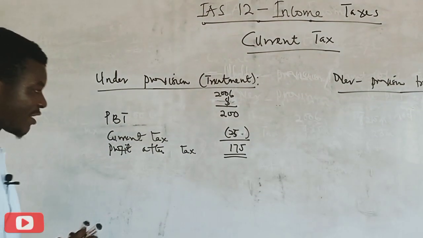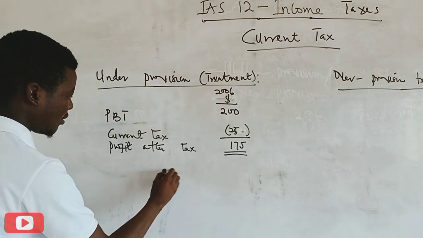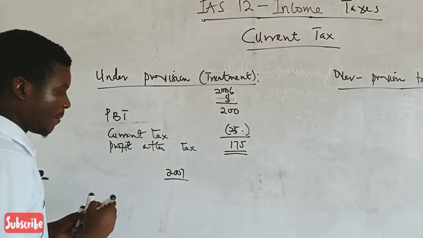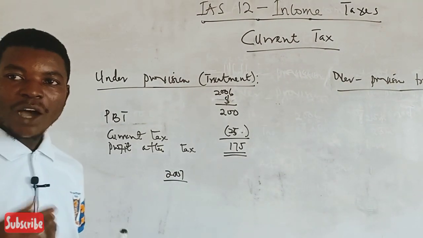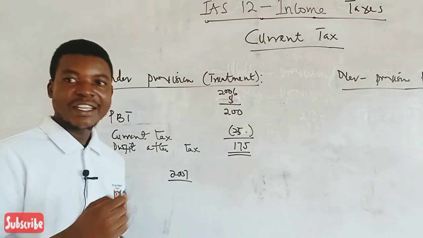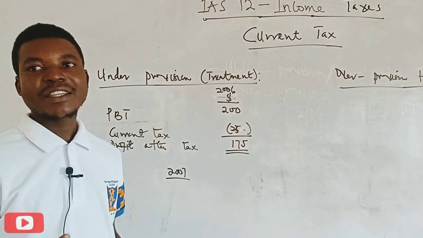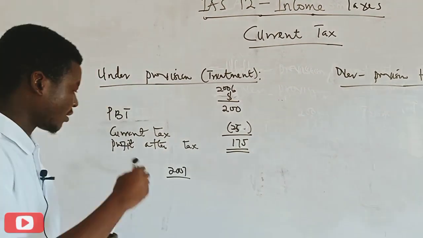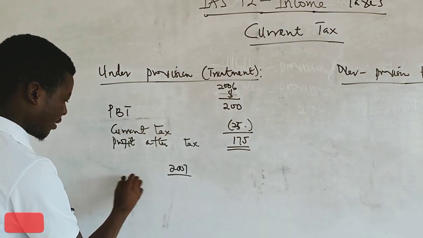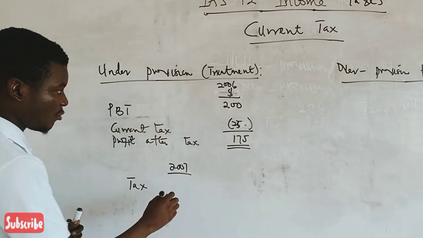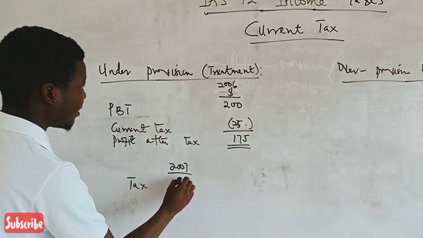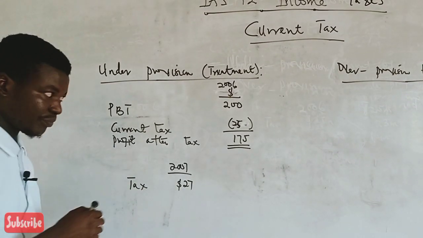Okay, so let's assume that in the subsequent year, which is 2007, the tax authority gave the entity the actual tax to be paid, the true amount of the tax, of 27 million.